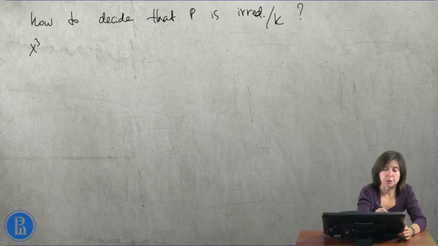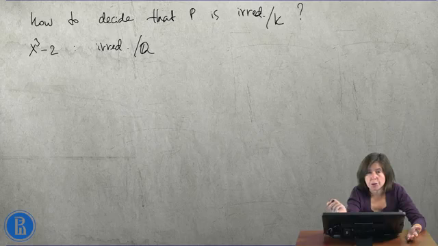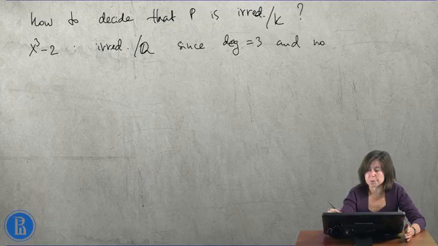So, x cubed minus 2 was irreducible over Q, since it's a cubic polynomial. If it was not irreducible, it would have a root in Q. So this is easy since the degree is equal to 3 and there is no root.